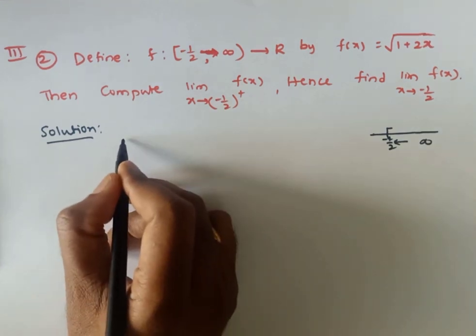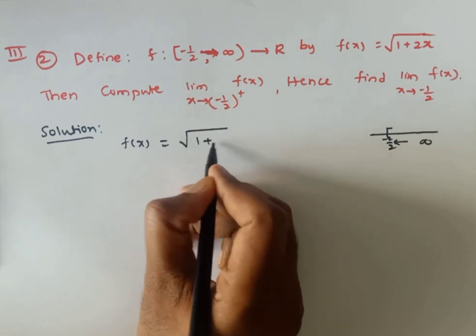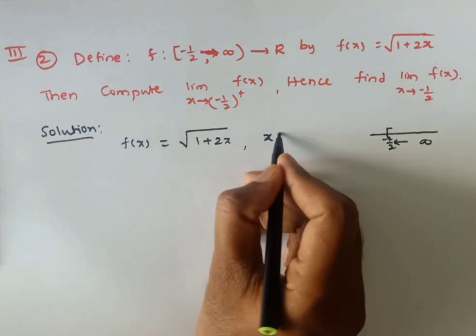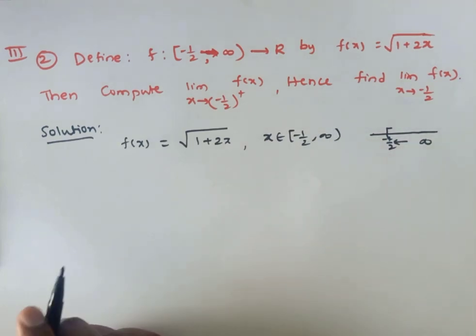Now, your given function is f of x equals square root of 1 plus 2x, for all x belonging to minus 1 by 2 to infinity.